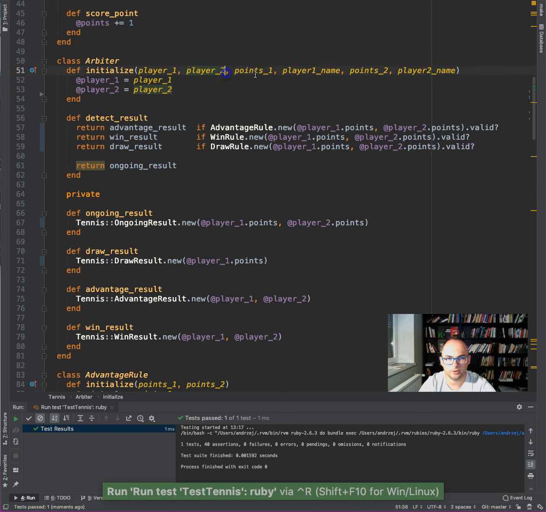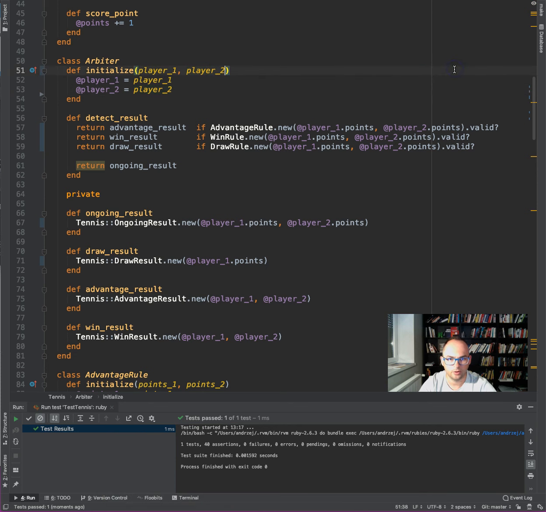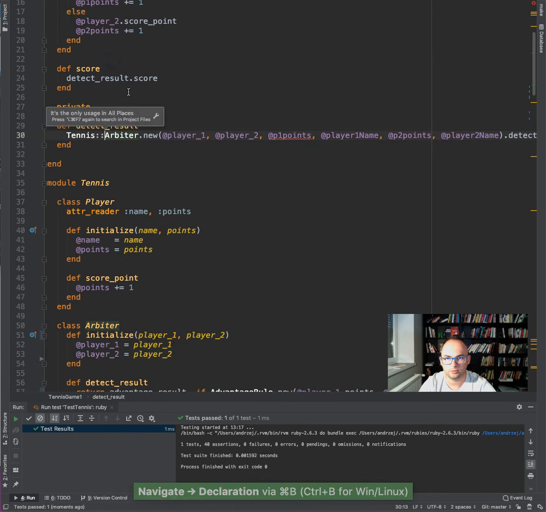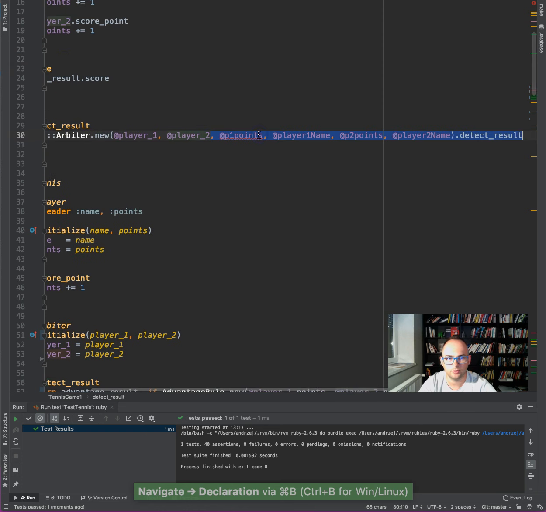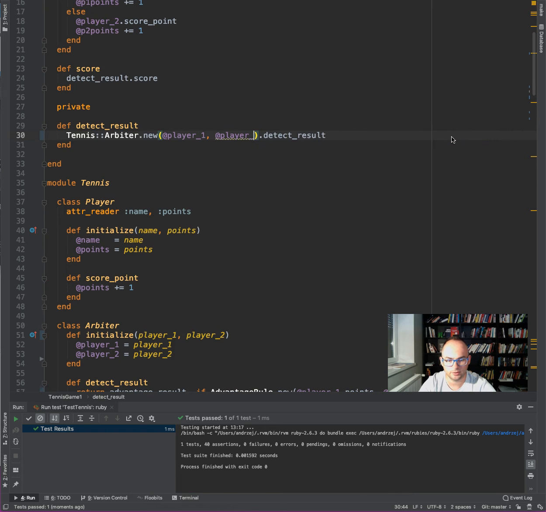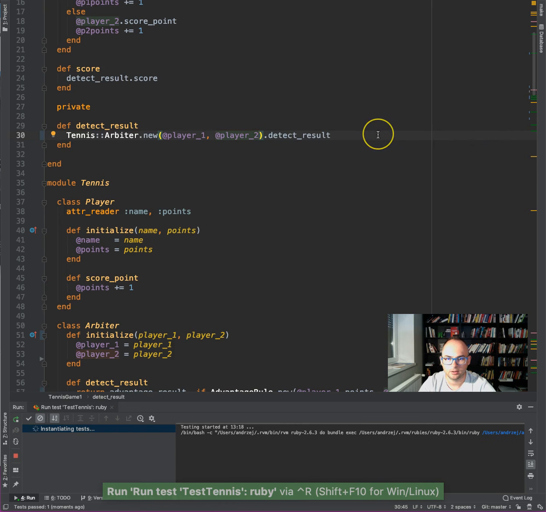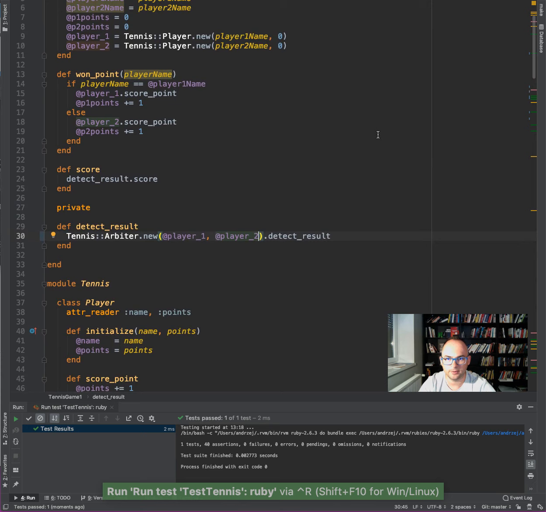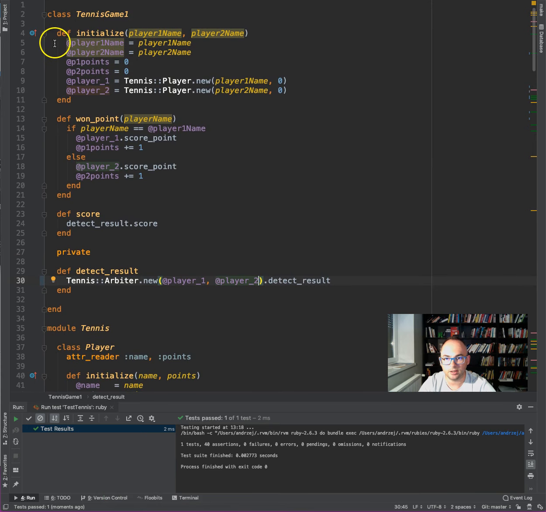And yes, it's working, so I can now remove those things and go to the call and remove those things. Still running fine, which means I can now get rid of this.